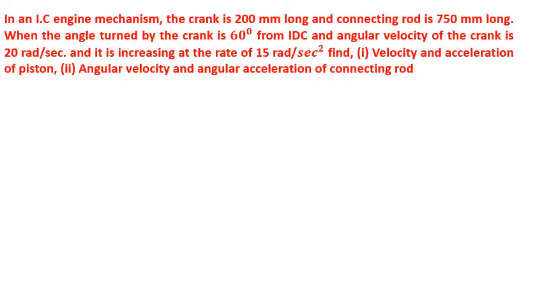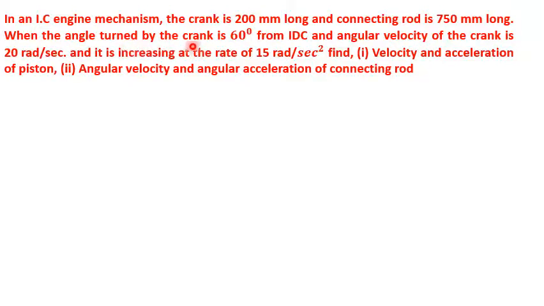So now let us solve a problem based on analysis of IC engine mechanism. So this is the statement of the problem. In an IC engine mechanism, the crank is 200 mm long and connecting rod is 750 mm long.